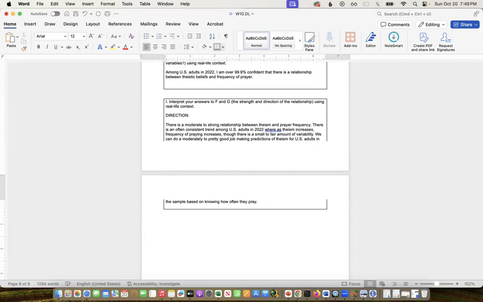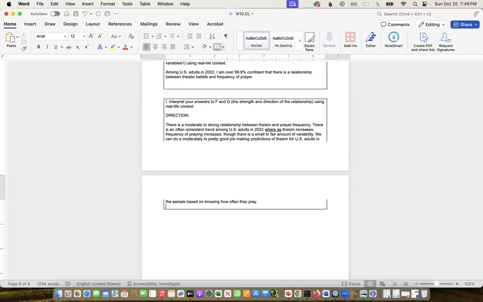So what this is saying is that as people pray more frequently, right, that's associated with being more likely to believe in God, or people who believe more in God are more likely to pray frequently. And again, it's not saying how much that increase or decrease is, but that, if I know how often you pray, I can make a pretty good prediction of how much you believe in God or not, and vice versa.